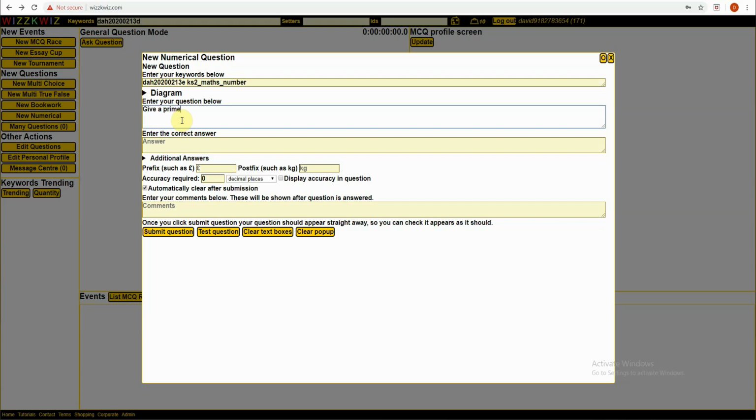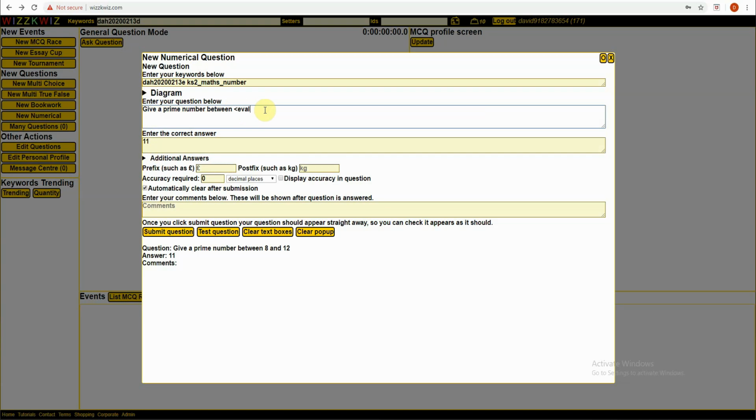Give a prime number between 8 and 12. Okay, answer is 11. That question will work perfectly well, but it'll obviously always give you the same question. Now, how are we going to generate 8 and 12 at random so we only get one correct answer? Well, follow me and you'll see.